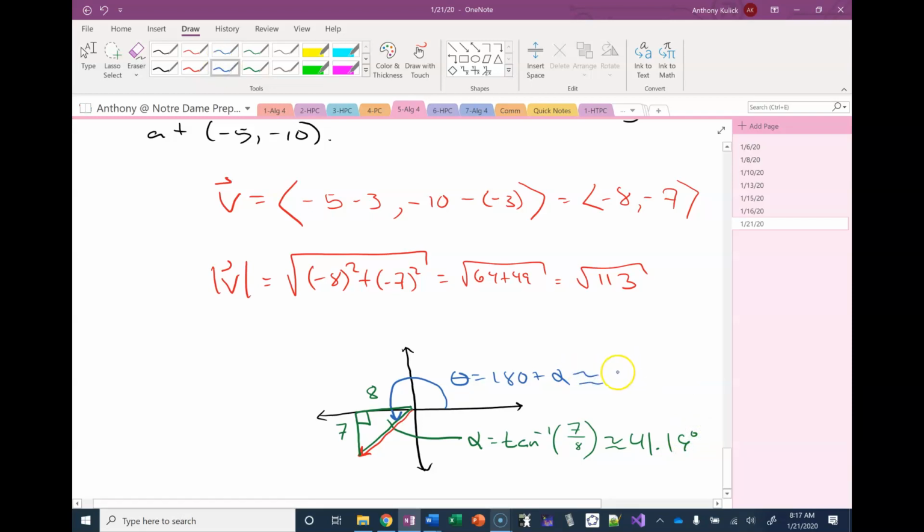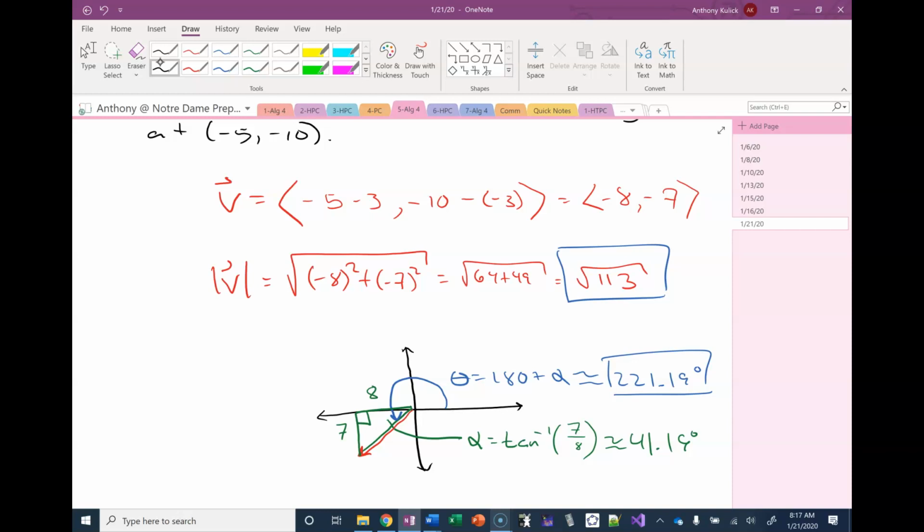So this one is 221.19. So this was a good example of us taking a vector that's in point form or component form and translating that into a magnitude and direction.